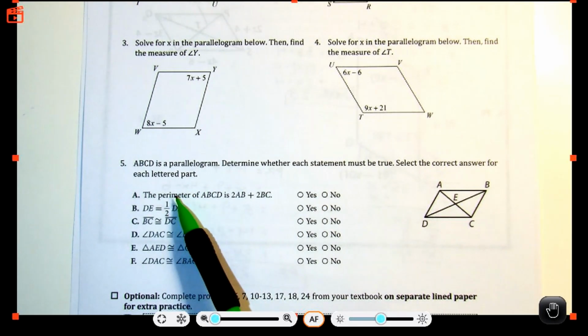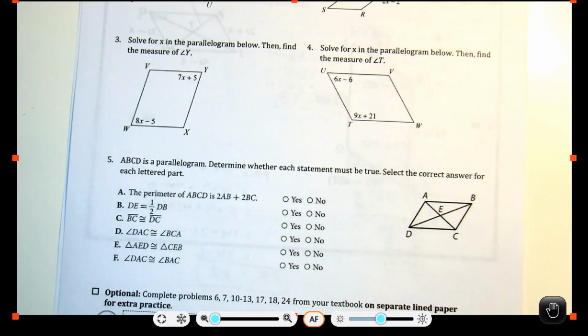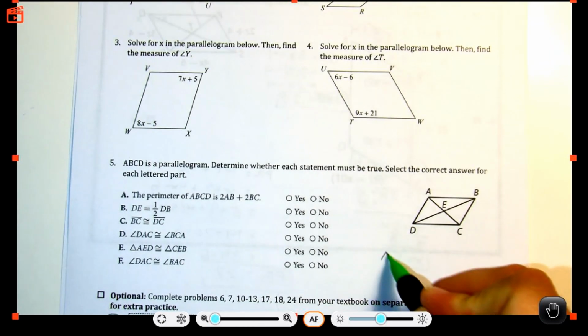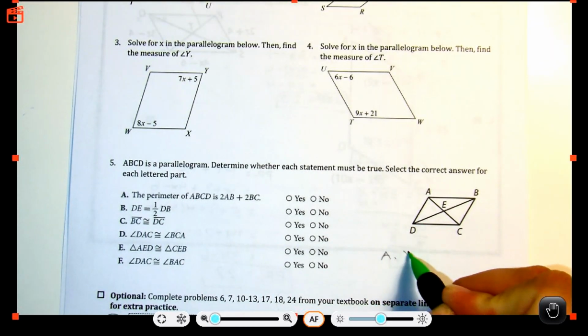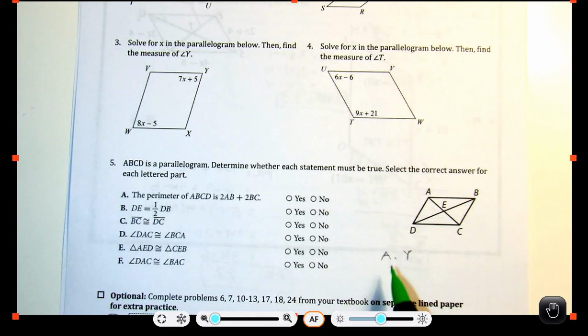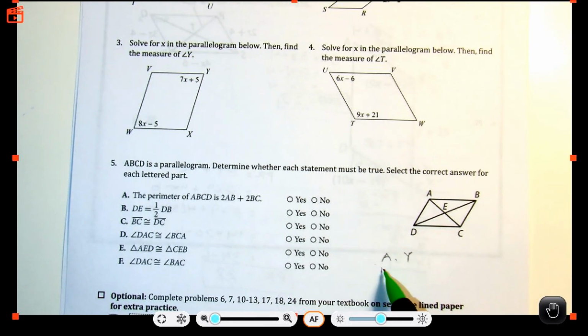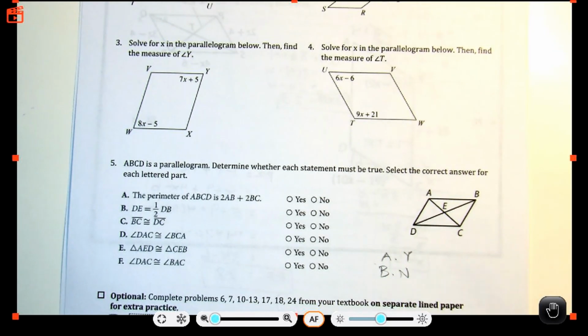You're going to write A and then a Y. So this tells me that you said yes for A. And if you want to say no for B, you're going to put an N for B. So again, that's if you do not have a packet.